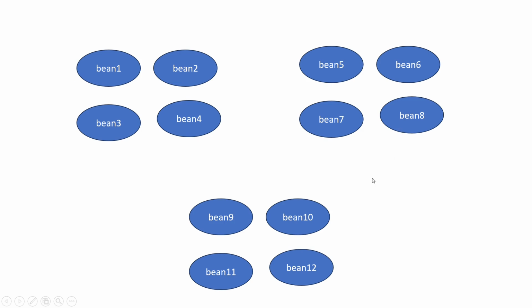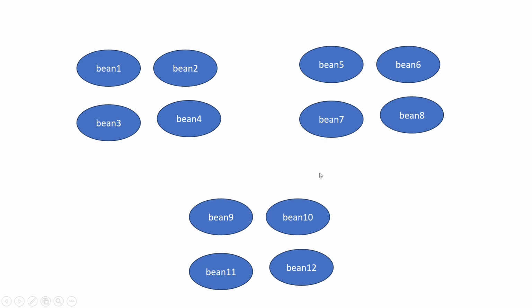In profiles, let's say I want bean 1, bean 2, bean 3, bean 4 to work in some development environment, and bean 5 to bean 8, these 4, I want to make work in production environment. But I don't want to load these 4 beans in production, and I don't want to load these 4 beans in development environment. And bean 9 to bean 12, I want to load in every environment. I need this for every environment.